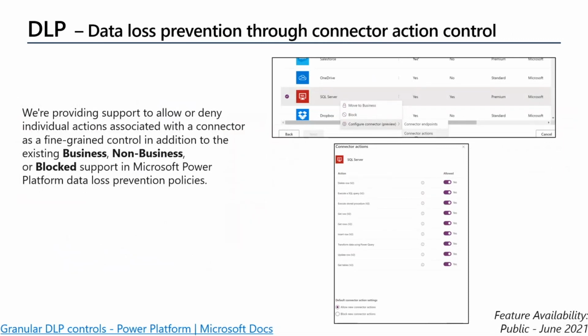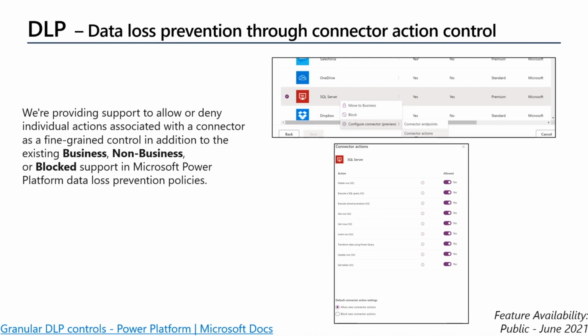So here with the action control, admins can safely enable business use cases using Microsoft Power Platform with the ability to control specific actions for the connectors without the need to block the entire connector in the environment. For example, here we have the SQL Server connector, and then we can specify the actions that we have there: delete row, execute SQL query, execute stored procedure, and so on.